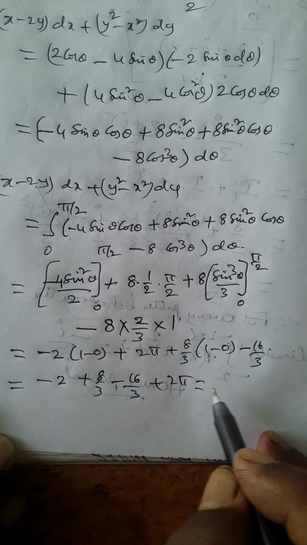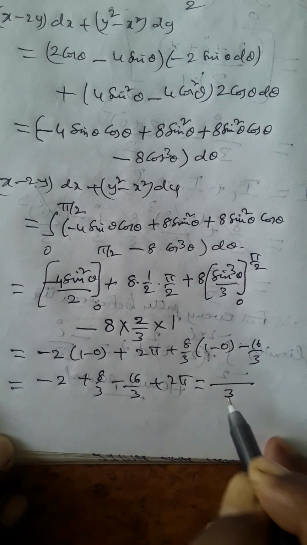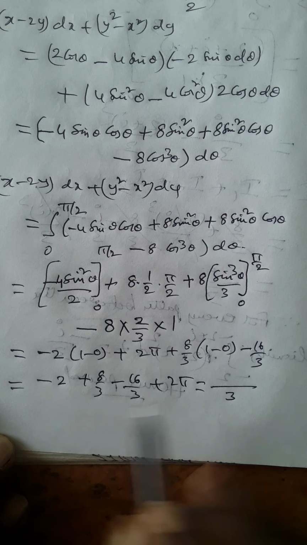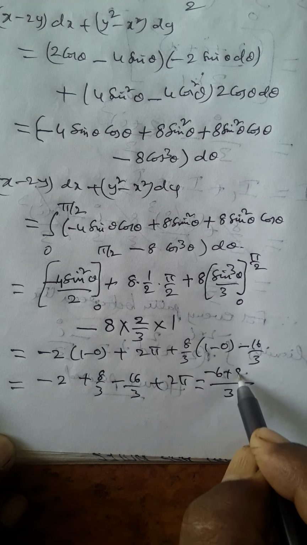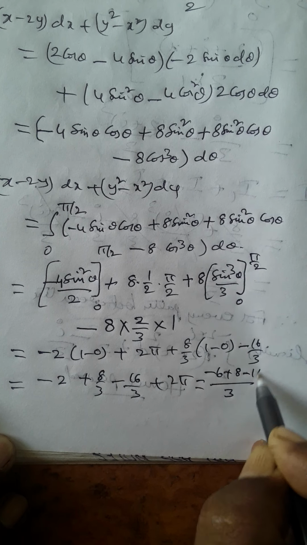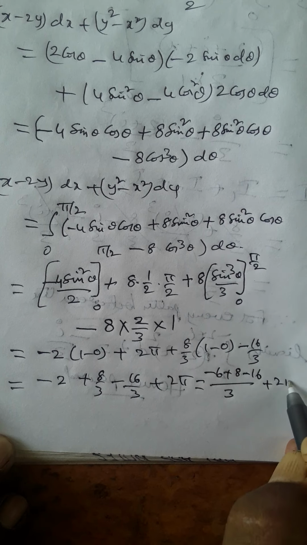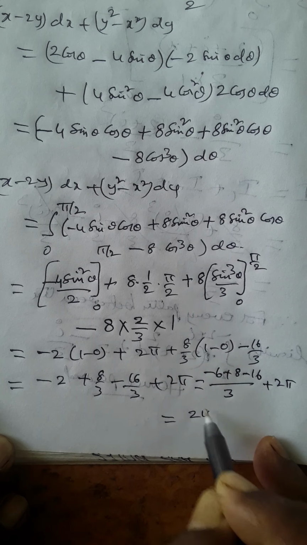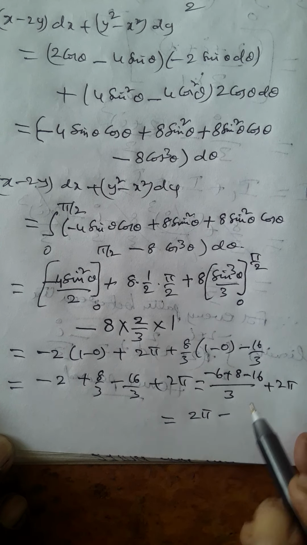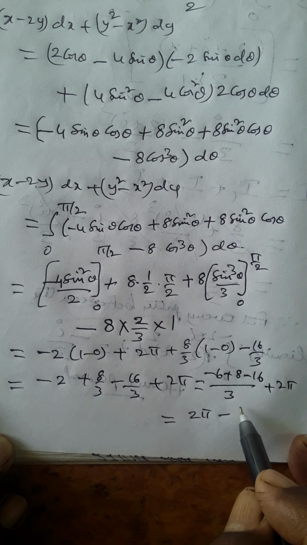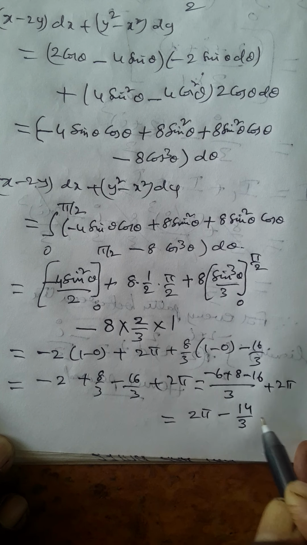Taking LCM 3: minus 6 plus 8 minus 16 plus 2 pi, is equal to 2 pi minus 14 by 3.